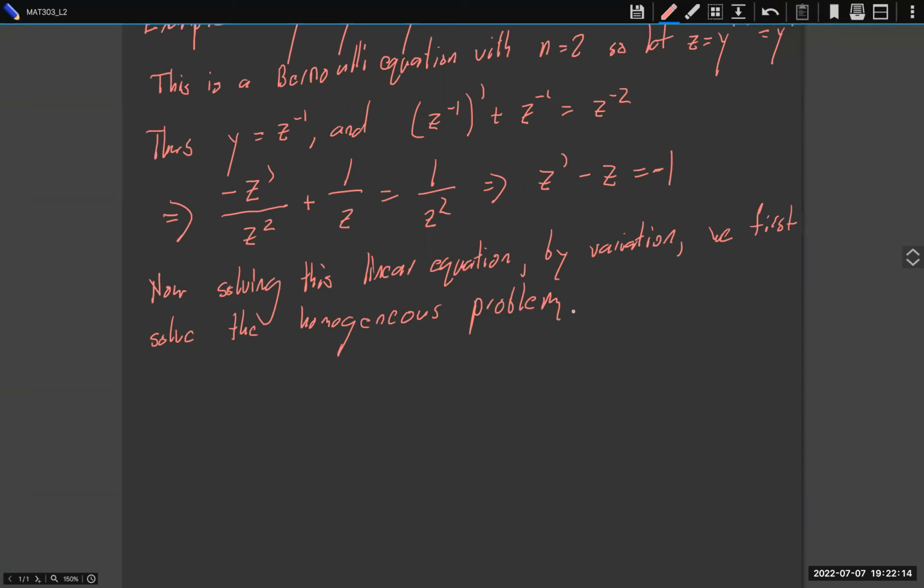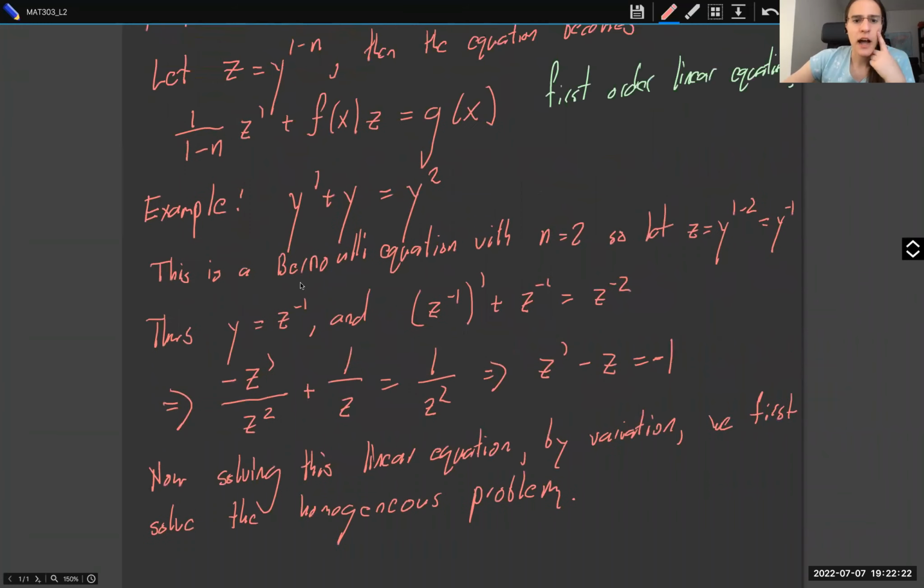I just have one question regarding the equation. I'm confused on where you got the negative z from. Right. So let's look at this. We had this equation right here, and we made the substitution z is equal to y inverse, right? So y is equal to z inverse. Now, when we replace y with z inverse, what we have is the derivative of z inverse.